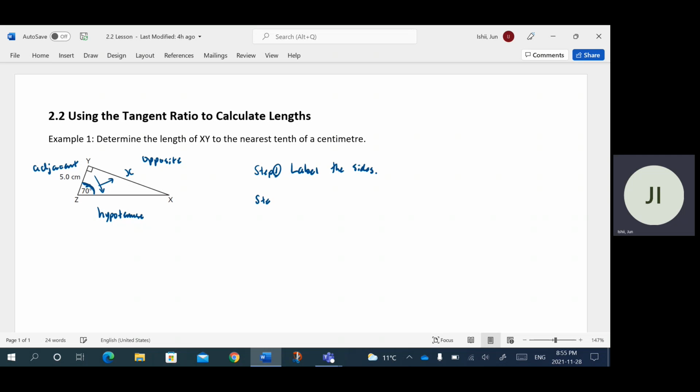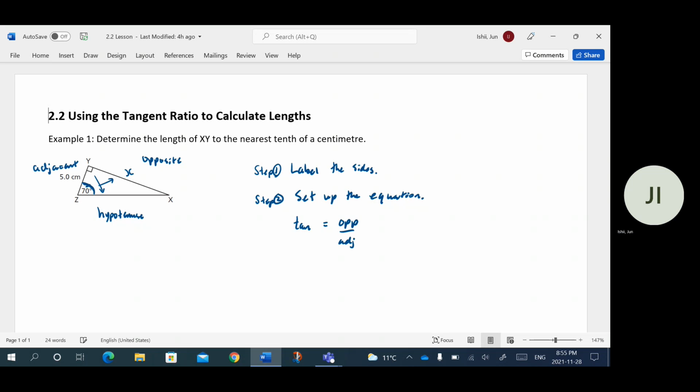Once we've done that, what we're going to do next is set up the equation. If you recall, tangent is equal to opposite over adjacent. So in this case, I'm going to write tangent of 70 degrees. In the previous lesson, we wrote theta because that's the angle we were trying to find.